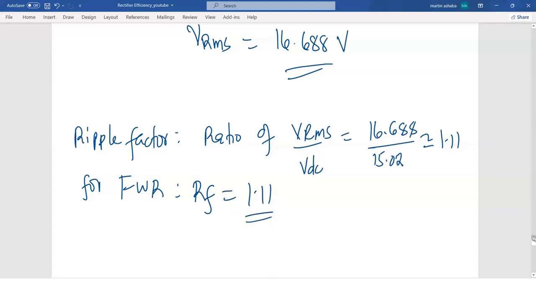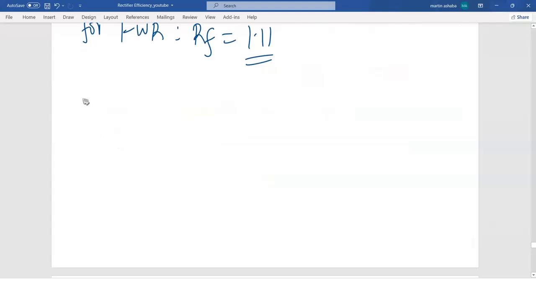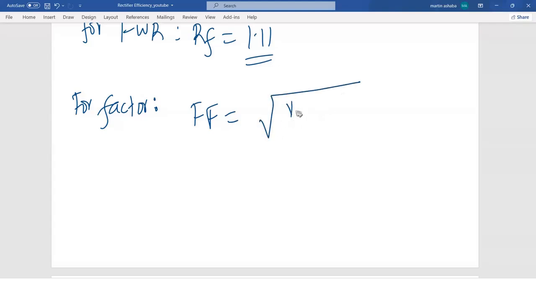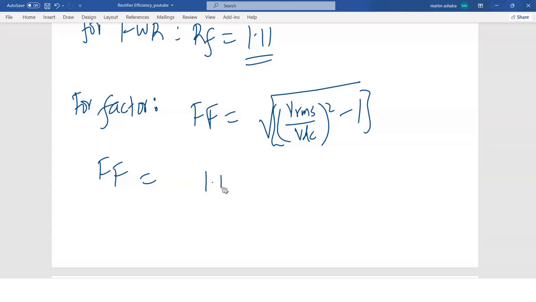Let's look at the next, which is the form factor. We know that form factor is the square root of VRMS divided by VDC, everything squared, minus 1, and that's all. So what is the form factor? First of all, we have 1.11, which is squared.